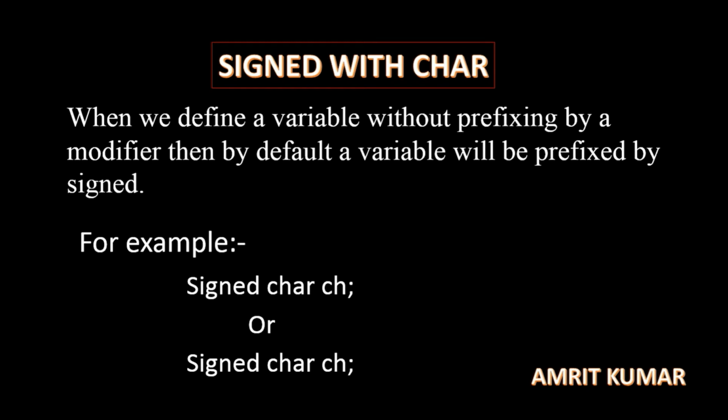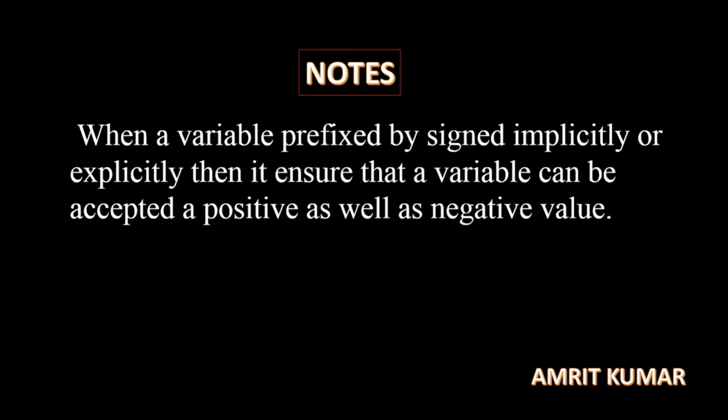Next, moving on to the note, and it is a very important point. When a variable is prefixed by signed, implicitly or explicitly, it ensures that the variable can accept a positive as well as a negative value.